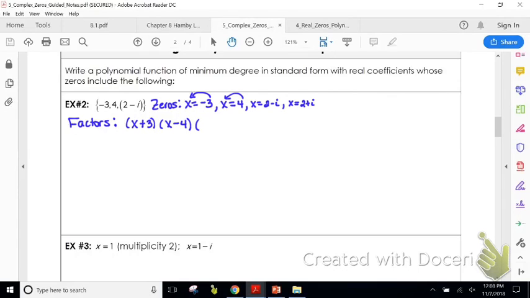And then if x is equal to 2 minus i, when I move this over, it's going to give me x minus 2 plus i. You got to change the sign to move them over, right? And then the same thing on this one. When I move it over, it's going to give me x minus 2 minus i.